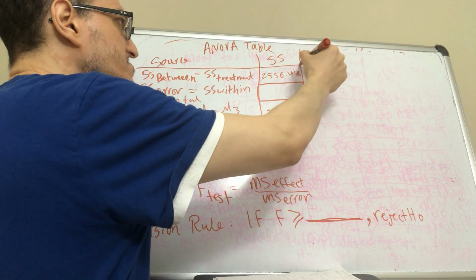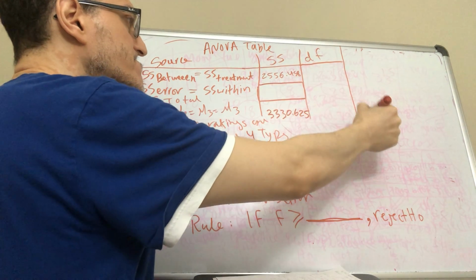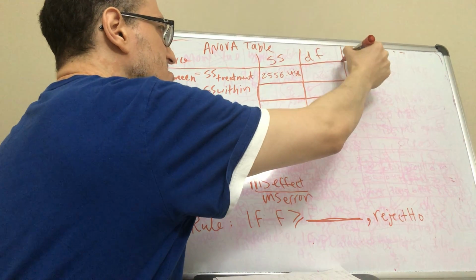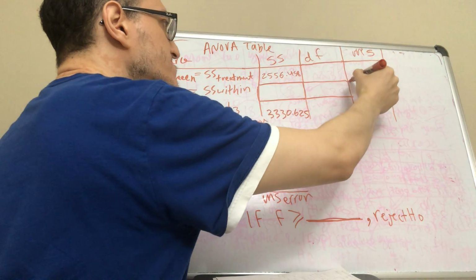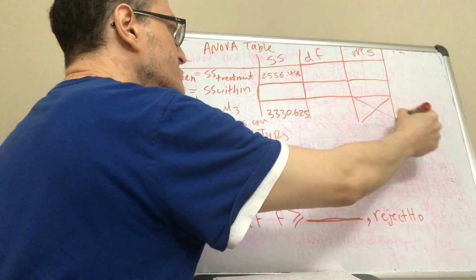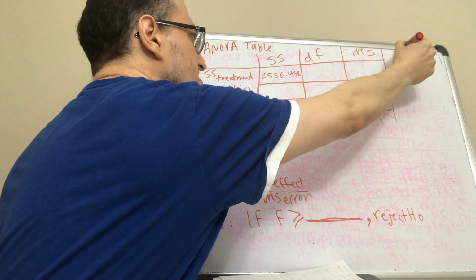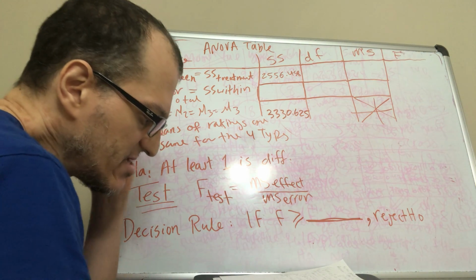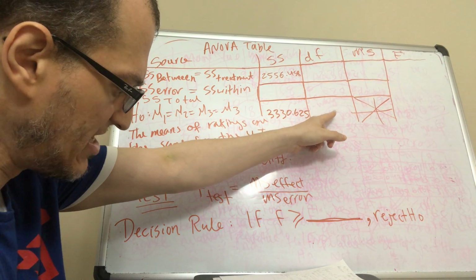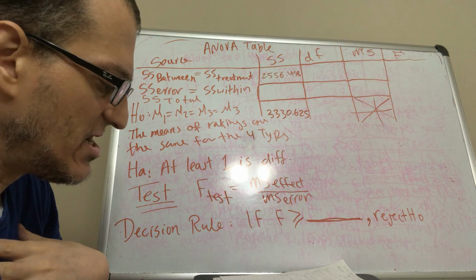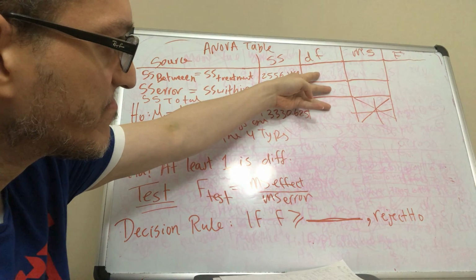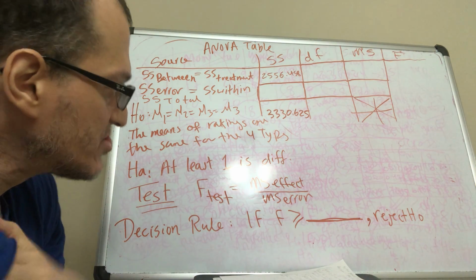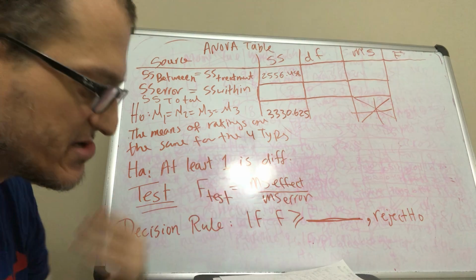Then you have the degree of freedom. Then you have MS. And then you have the F number. The degrees of freedom, if you look at it, are 3, 20, and 23. I'm going to assume that none of these are given, and none of the MS's, and the F test is not given, and that you have to complete the table in order to be able to do this.